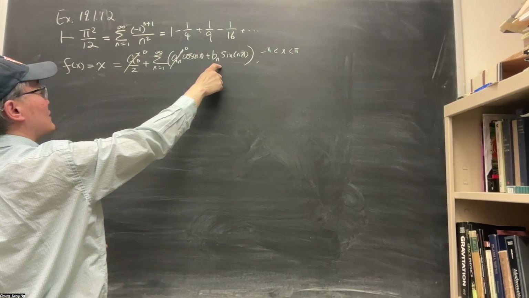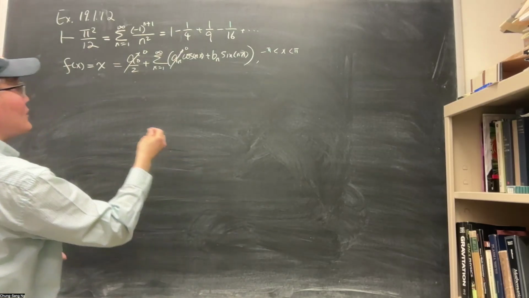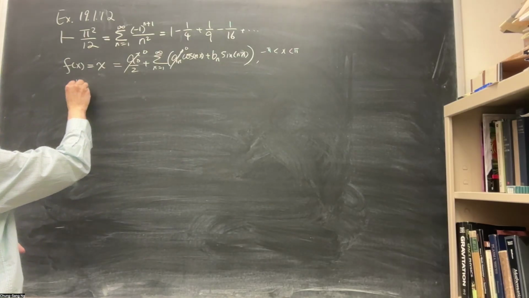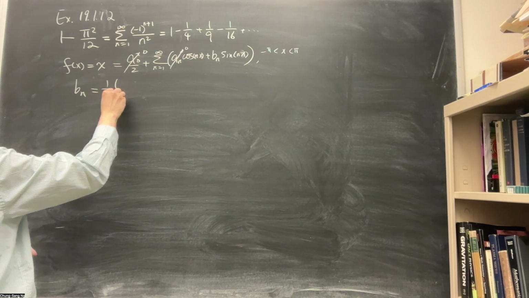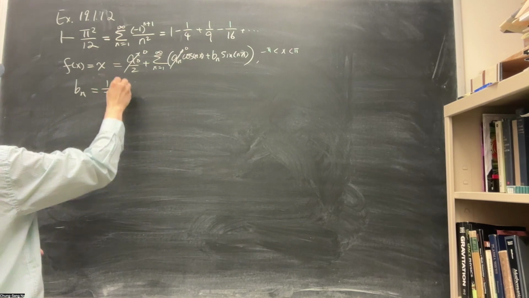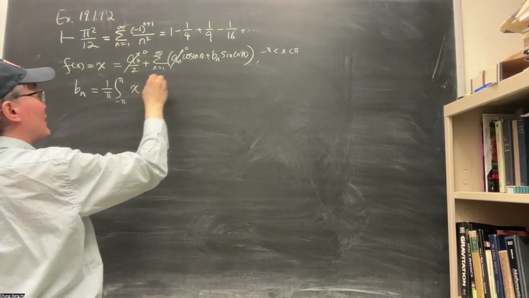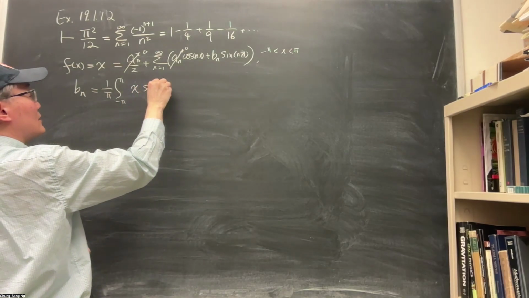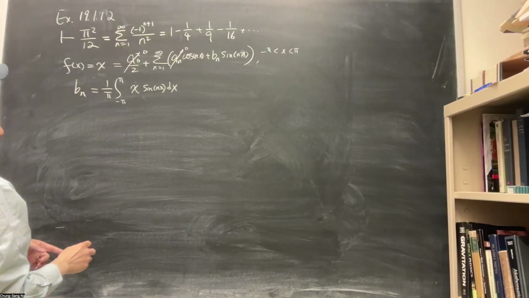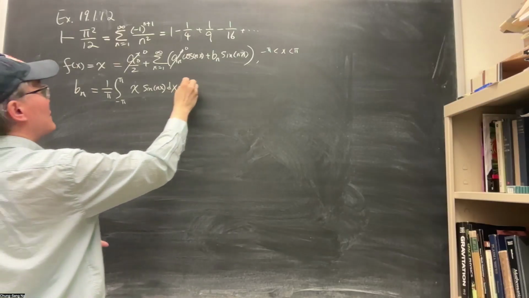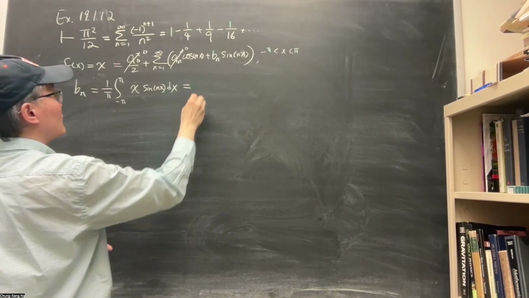So you need to just calculate b sub n. Using the formula, b sub n is 1 over pi, integral from minus pi to pi of f times sine nx dx. This can be done by integration by parts.